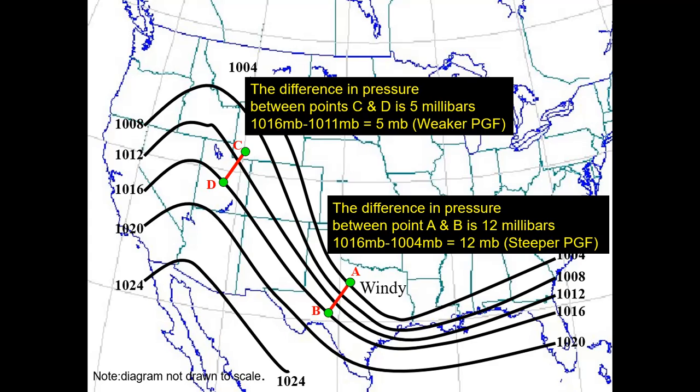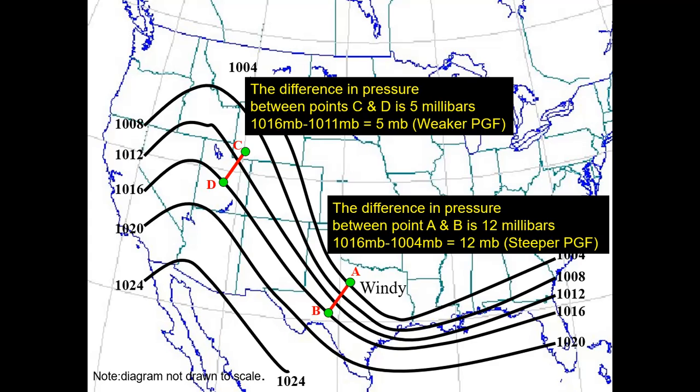The next line below that is labeled 1012 millibars. The line below that, 1016 millibars, and so on, all the way up to 1024 millibars. So these lines of equal barometric pressure, known as isobars, are typically found on surface weather charts.